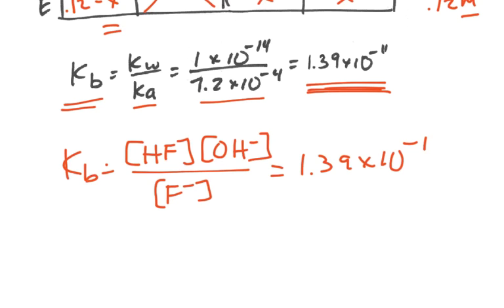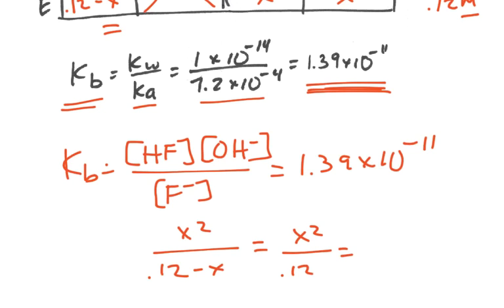And we'll just finish up our problem. So this is x squared over 0.12 minus x. But that x is going to be very, very small. So that's the same thing as x squared over 0.12, and that equals 1.39 times 10 to the negative 11.